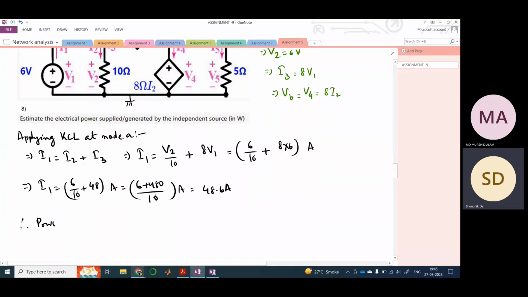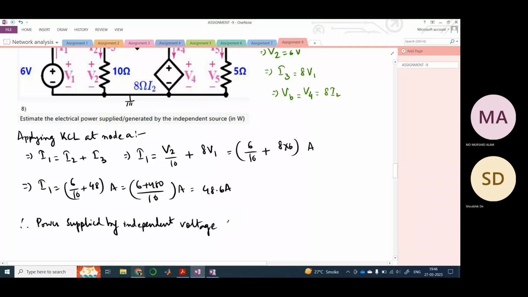Therefore, power supplied by the independent voltage source would be V1 into I1.